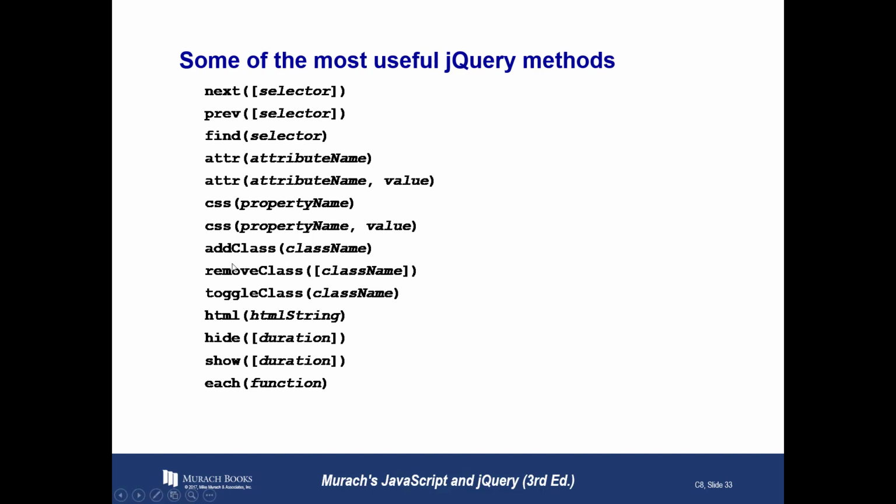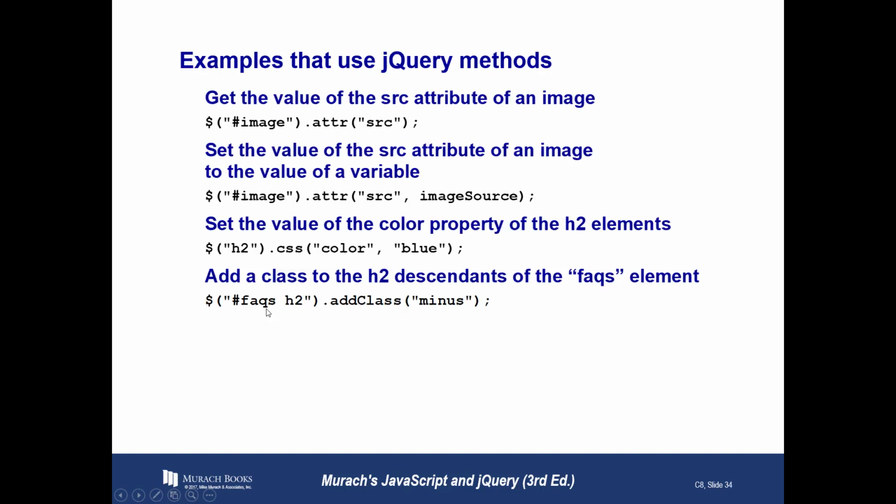Notice you can add a class. So while the program's running, you can add one or more CSS classes. You can remove them. You can turn them on and off. You can hide things. You can show things. Rather than a for loop, you've got an each loop where you can iterate over things. So here are some more examples.